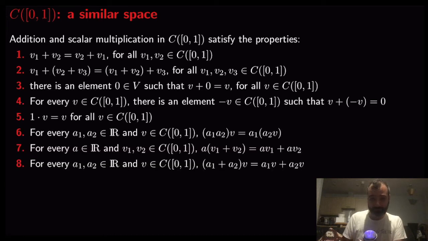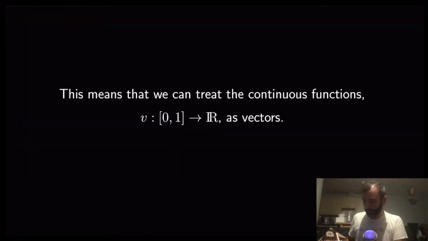So it seems that on this space, C01, we can do things that we can also do with vectors in Rn. So there is some affinity between the two. This means that we can treat all the continuous functions as if they were vectors. You know what? We can call them vectors, actually.